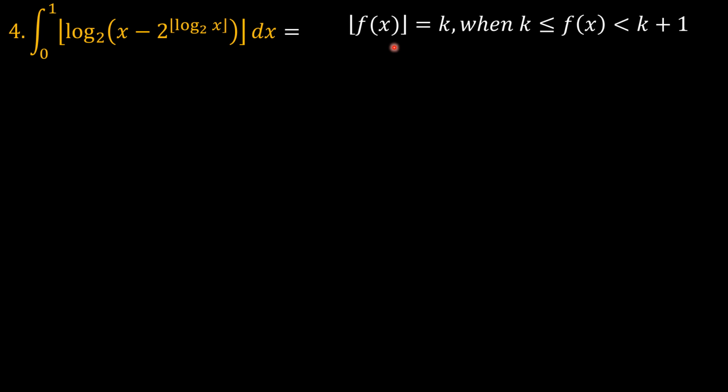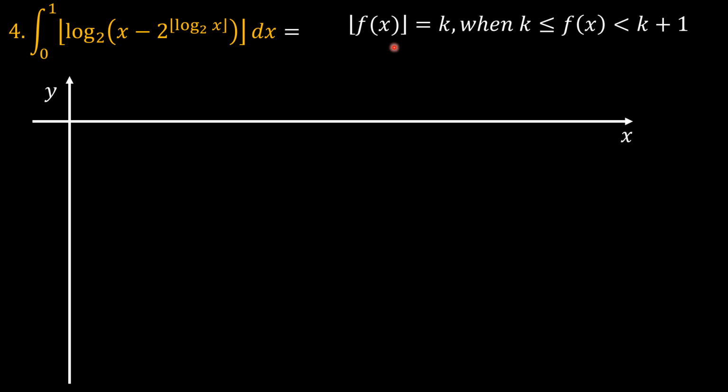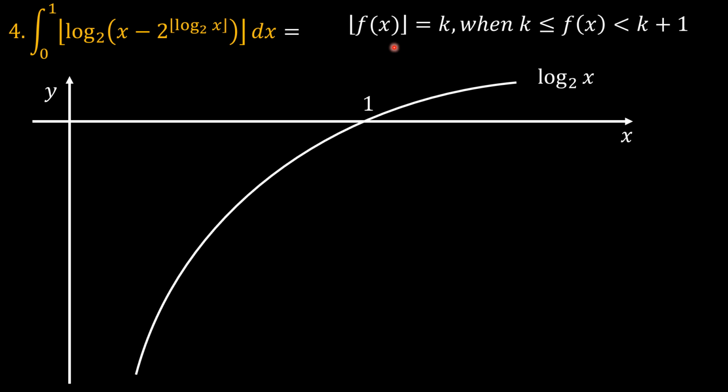So let's begin by looking at log 2 of x, log to the base 2 of x. So it crosses 0 at point 1, and so the floor function here would be these discrete points that we extracted, which is interesting. So how do we proceed from here?